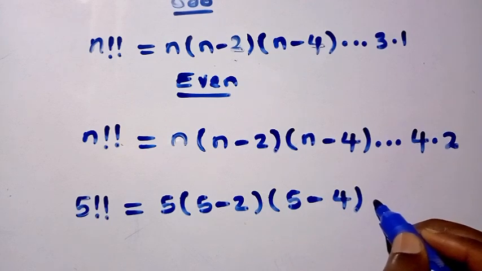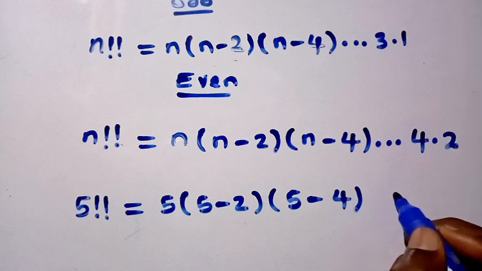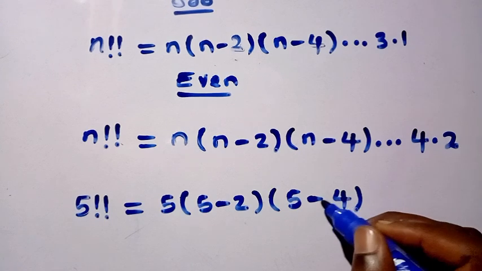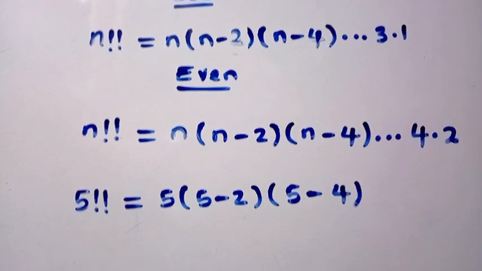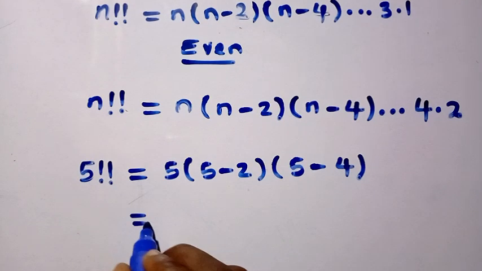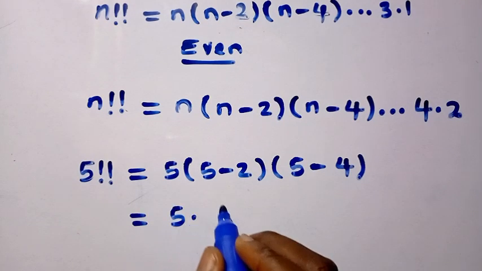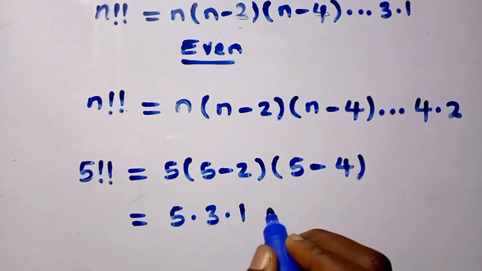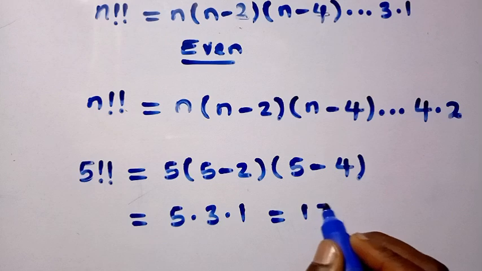If we take the next step, we are going to have 5 minus 6, which gives us a negative number, so we have to stop at 5 minus 4. And this equals 5 multiplied by 3 multiplied by 1. So the result of this gives us 15.